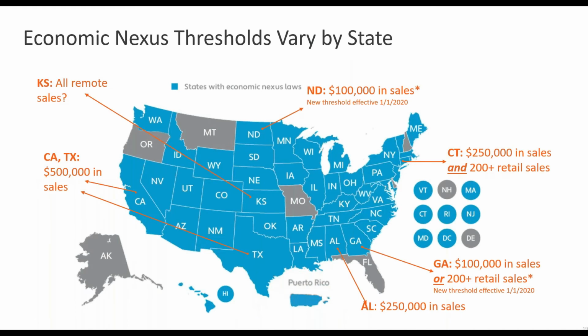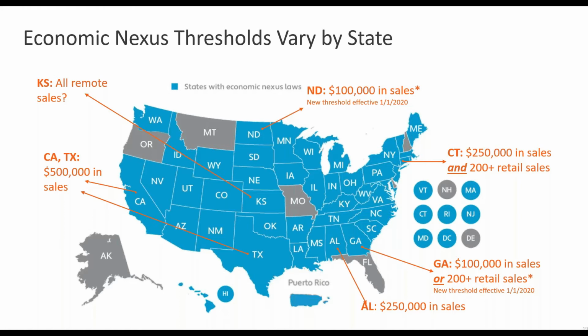One of the factors that makes economic nexus laws so complicated is that, just like the other slide that I showed you with the states, every threshold could vary. So here's the quirky thing, and you can see some of the examples here. Some have strictly a sales threshold.